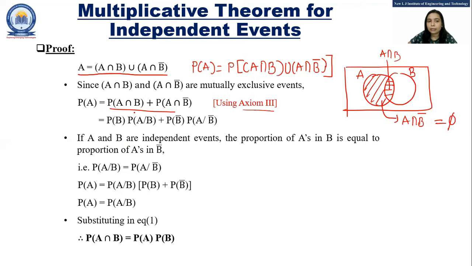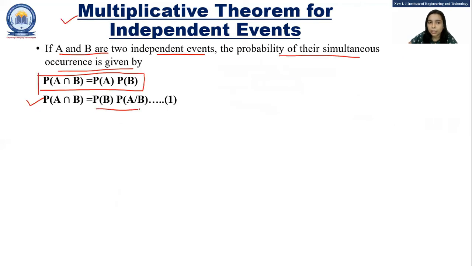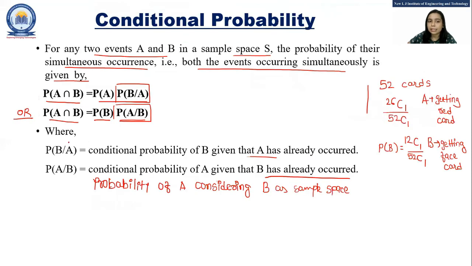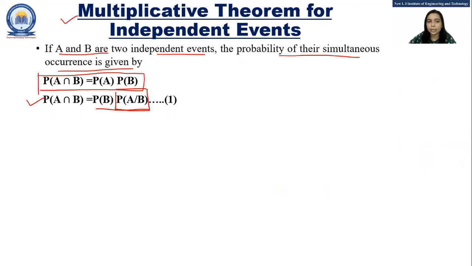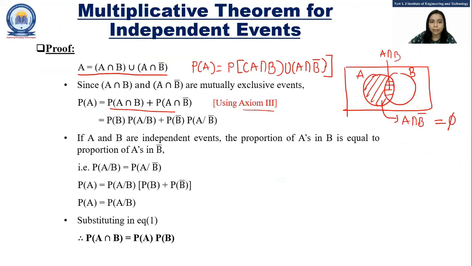Now, P(A intersect B) is nothing but P(B) × P(A/B). This P(A/B) is the conditional probability of event A given that B has already occurred, as we have discussed in conditional probability.